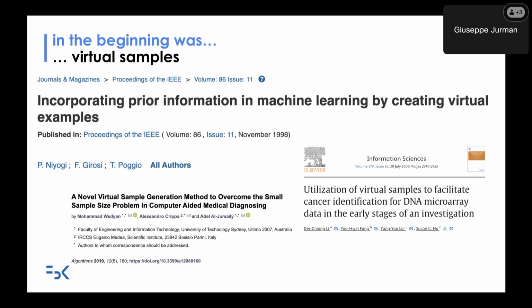So although this virtual sample may help in increasing the training set, their variability was too limited to be effective. That's why using virtual samples in the statistical way was a big problem since the very beginning of the creation of omics data.